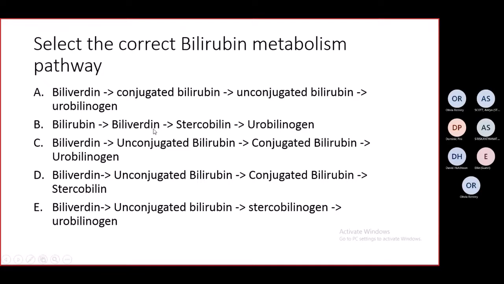We get unconjugated bilirubin, which becomes conjugated bilirubin. After your unconjugated and then conjugated bilirubin, is it going to go into urobilinogen or stercobilin? The answer is C. Your urobilinogen then becomes stercobilin, which is why E is incorrect, because it goes uro and then sterco.